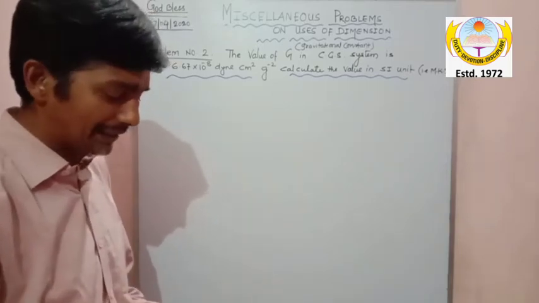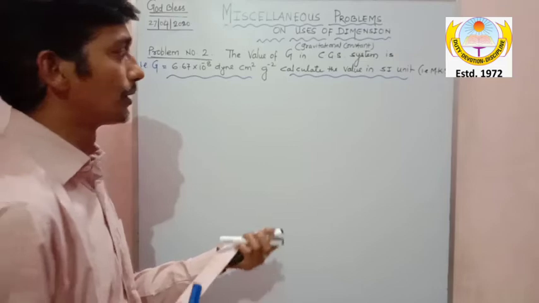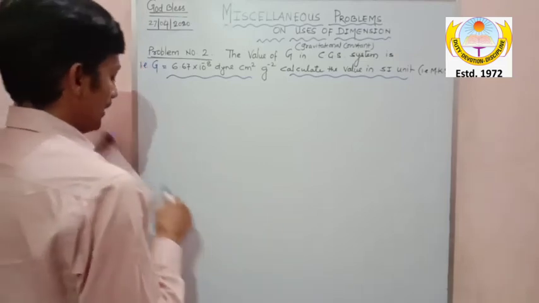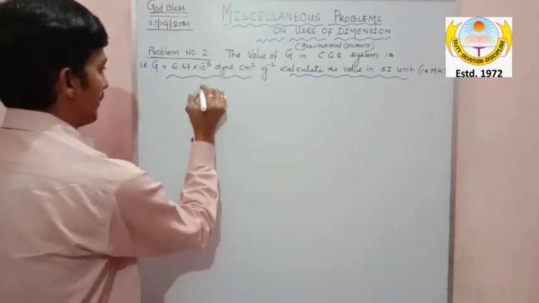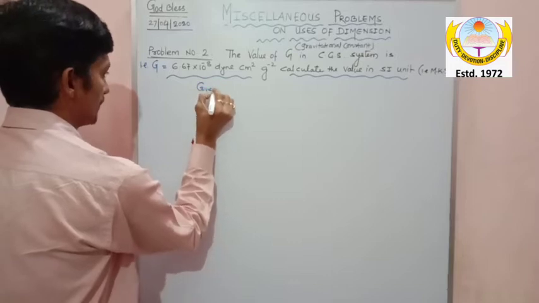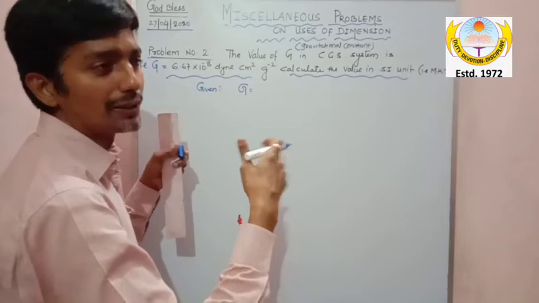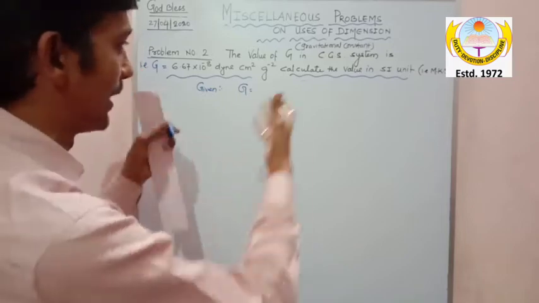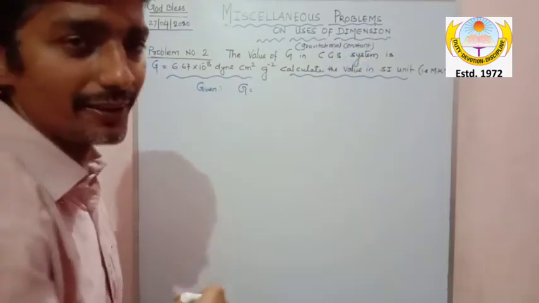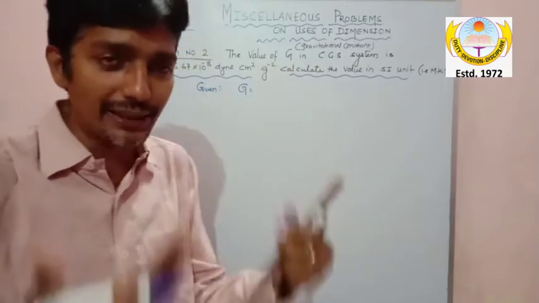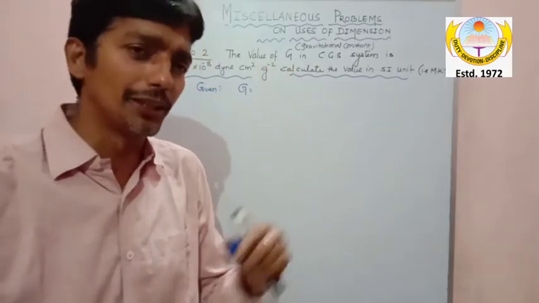Now my dear, at this stage you all know that here I will write given G is equal to, there are various methods. But I will not go for some complex or difficult method if there is a simple way of solving this. Because the question has not said you do this, you do that.